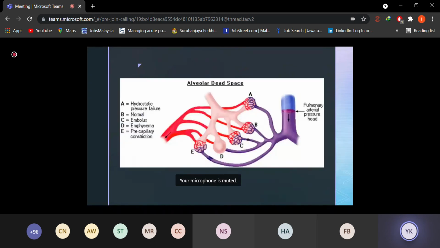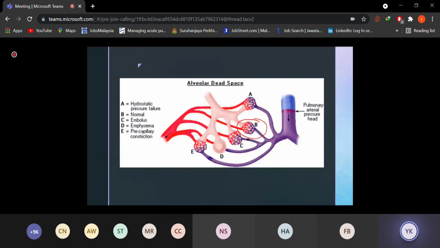First, we have hydrostatic pressure failure. If the hydrostatic pressure fails, the blood is not moving equally. Some of the blood has stopped because of the hydrostatic pressure, so the perfusion is less. B is normal.